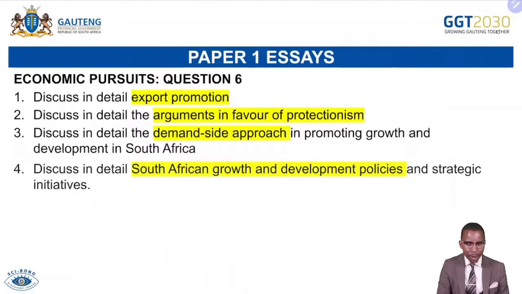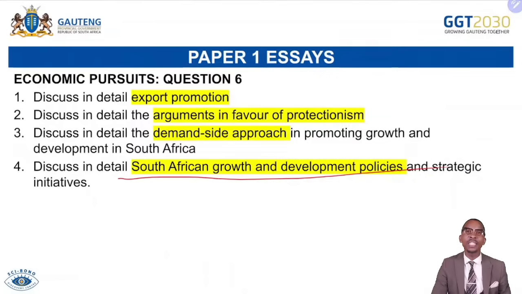So here, how can you make this more easy? If you are talking about RDP, the Reconstruction and Development Programme, it is important for you to know the objectives of RDP. RDP is a development policy that was formed in 1994 to ensure that South Africans have access to basic needs.